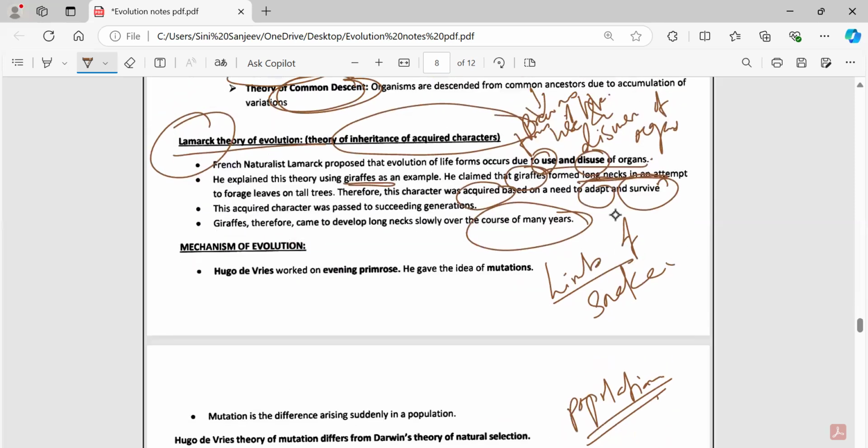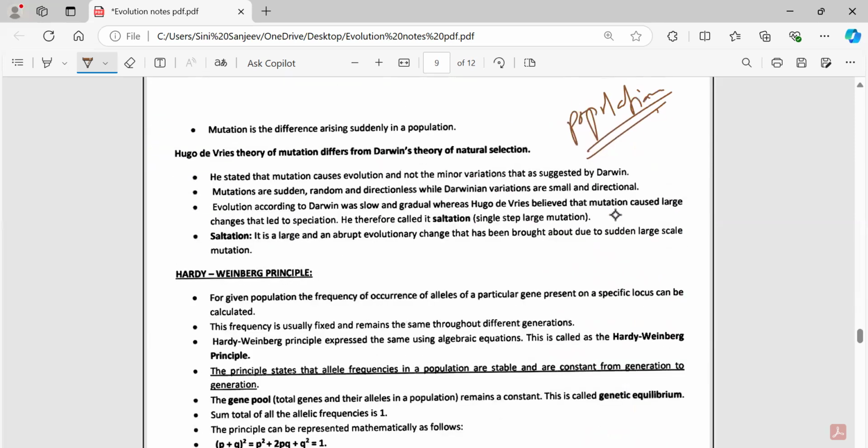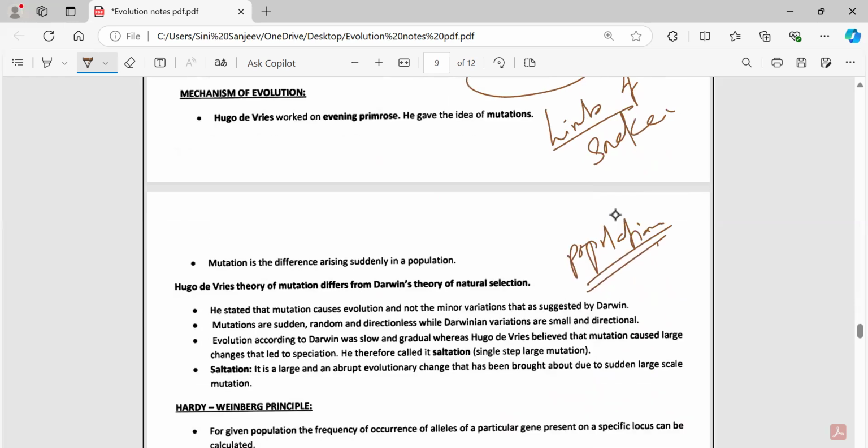Then this was all about biological evolution and the two theories related to it. Now, the next important part is the mechanism of evolution. The mechanism of evolution was given by Hugo de Vries, and he gave this experiment by working on an evening primrose. Usually this is related to mutation, so it's also called the mutational theory.